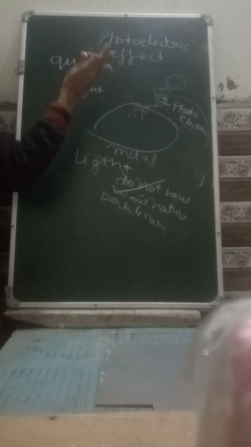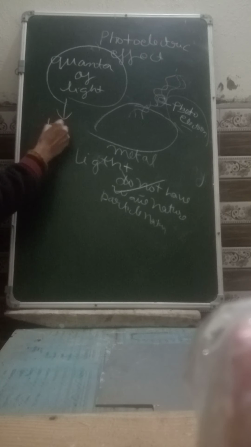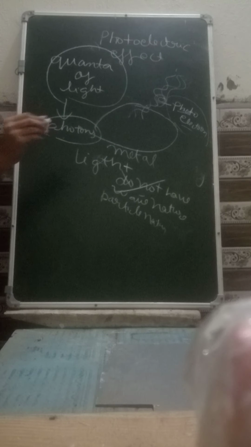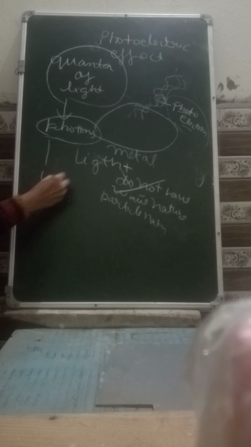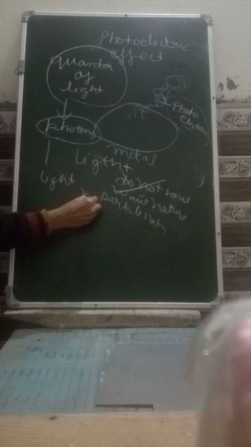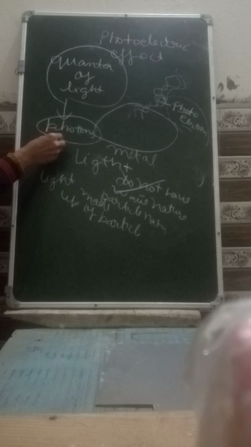When the quanta of light fall on a metal surface, photoelectrons come out, and this quanta of light is known as photons. Or we can say light is made up of particles, and those particles are known as photons.